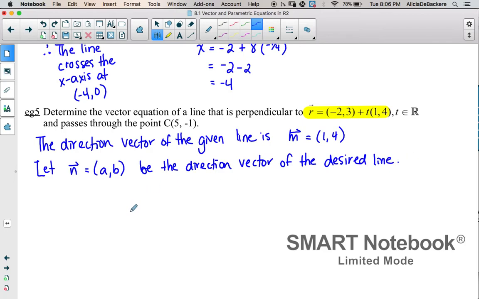Okay, so we have to find this direction vector. Because I know that the lines are perpendicular, remember back to chapter 7, if two lines are perpendicular, the direction vectors are also perpendicular.